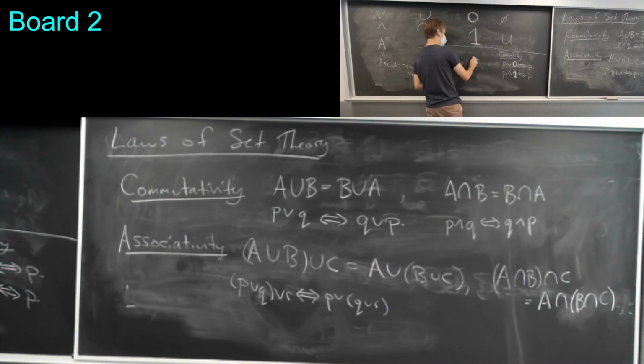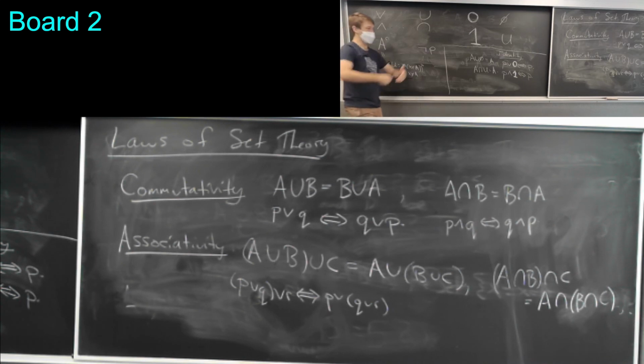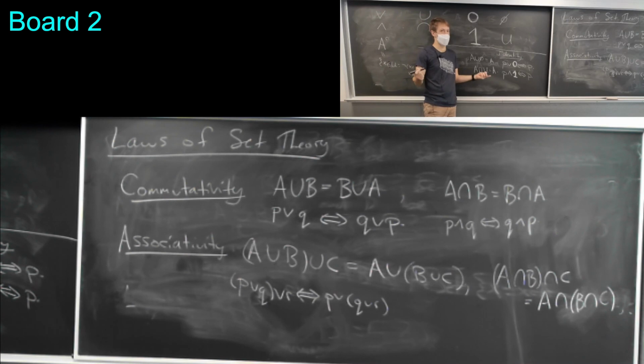The version of that in set theory would be A union the empty set is equal to A, or A intersect the universe is also equal to A. Which makes sense. If I have a set and I union it with nothing, it stays the same. If I intersect it with everything, then it's again the same set. I haven't lost anything from that or gained anything.